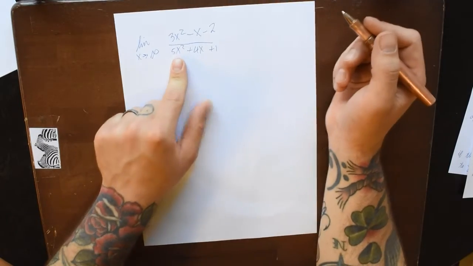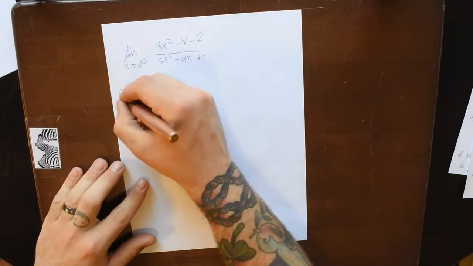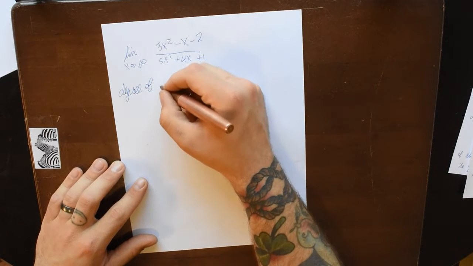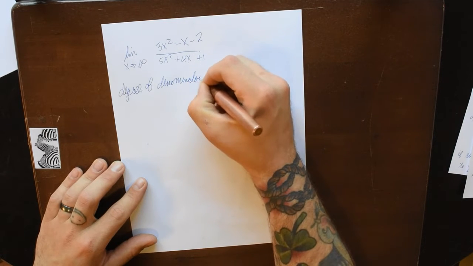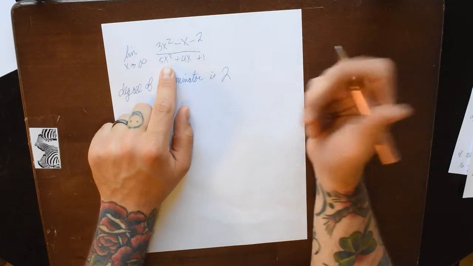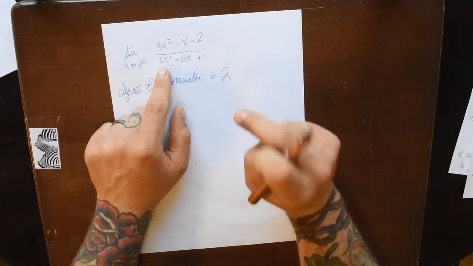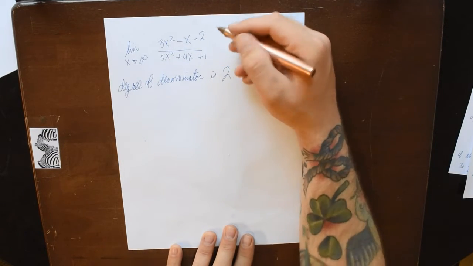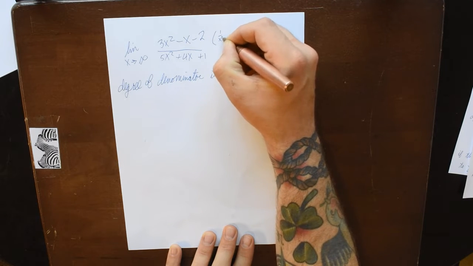But look at what the degree of the denominator is. The degree of the denominator is 2, because we've got this x squared term. So because it's degree 2, what we want to do is take this ratio and multiply top and bottom by 1 over x squared.